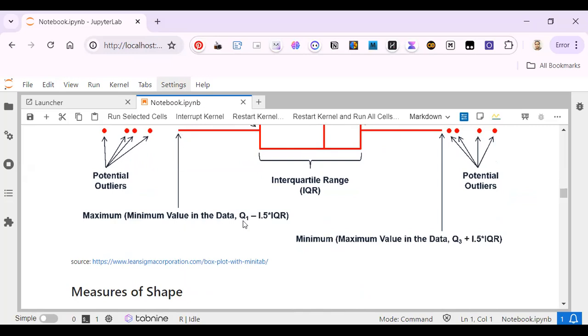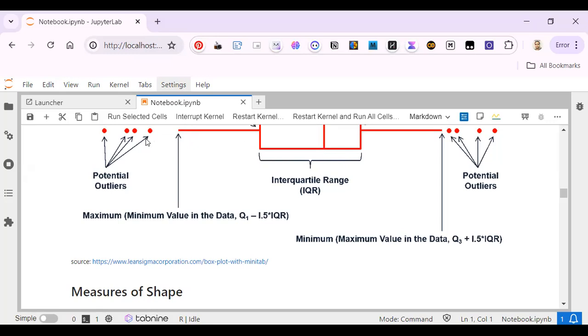The minimum value in the data, Q1 minus 1.5 times IQR. So that is this value. This indicates Q1 minus 1.5 times IQR, and this indicates Q3 plus 1.5 times IQR. So this edge indicates Q1, this edge indicates Q3, and this point indicates Q2 or the median.